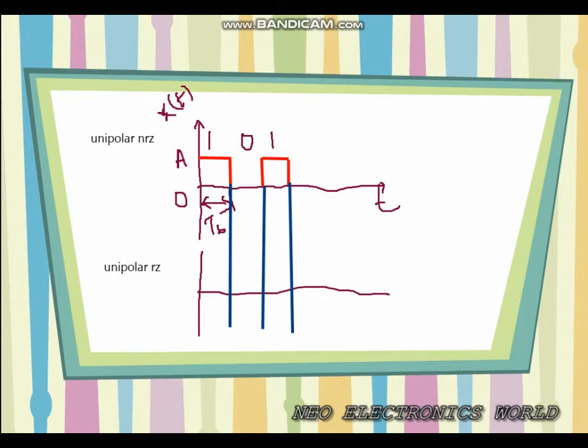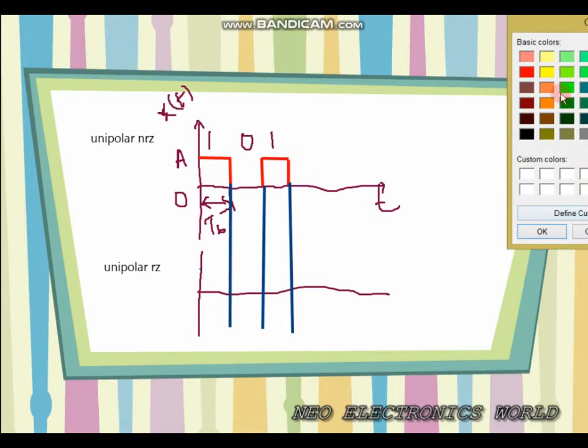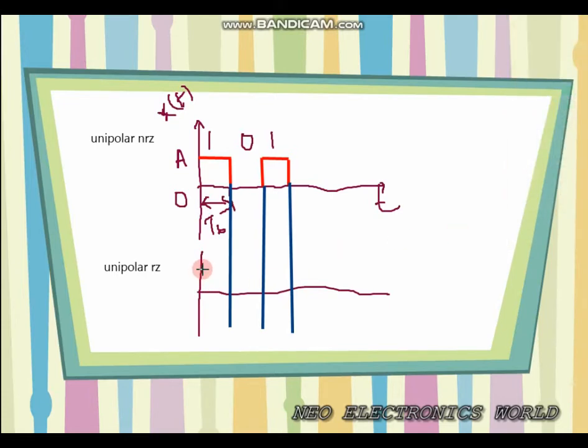Then how can we represent the ones and zeros? The data that we have to send is again 1. How can we represent it in unipolar return to zero format? The 1 can be represented, I'll take another color to distinguish it.